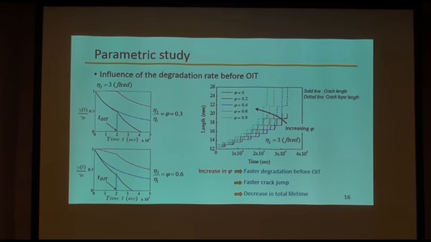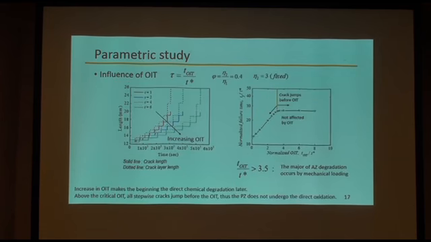And if it is polybutylene or polypropylene, we must consider the slight degradation before the OIT, and it must be modeled by a larger value of phi. So with the increase in phi, the degradation before the OIT is faster, so the crack jumps faster, and the total lifetime also decreases. The final parametric study is about the oxidation induction time.